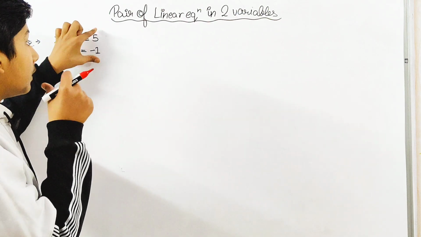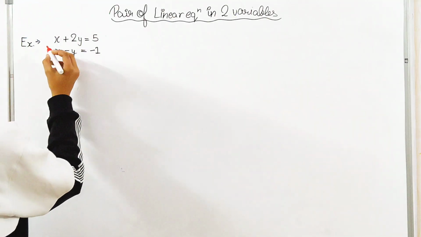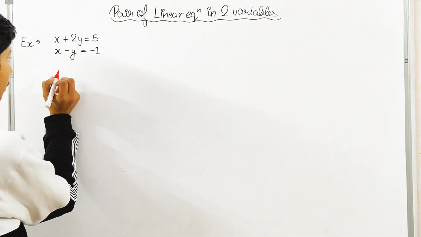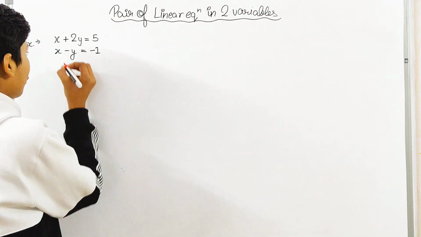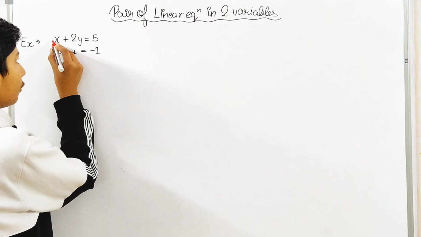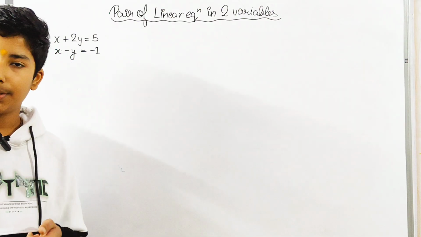Then when we finalize, we get any one value. The coefficients are the same, so we just add or subtract. We have to remove one variable.